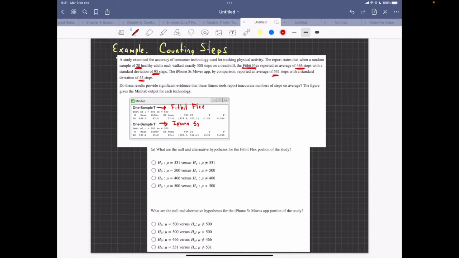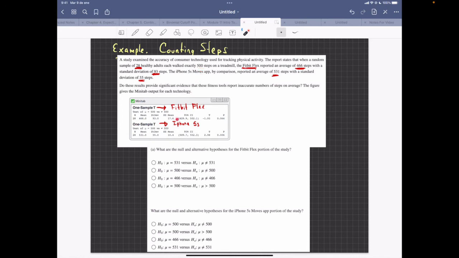So the hypothesized value for the Fitbit Flex should be 500.